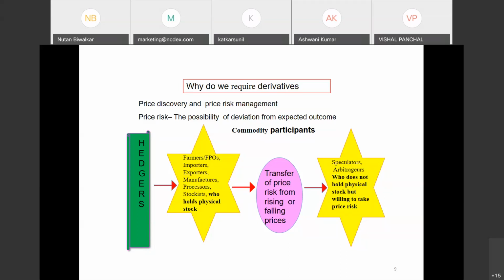They transfer this price risk to another section of the market, that is the speculator and arbitrageur. Who are the speculator and arbitrageur? They are not holding any physical stock, but they are willing to take price risk and they earn profit from the difference in prices, high and low.